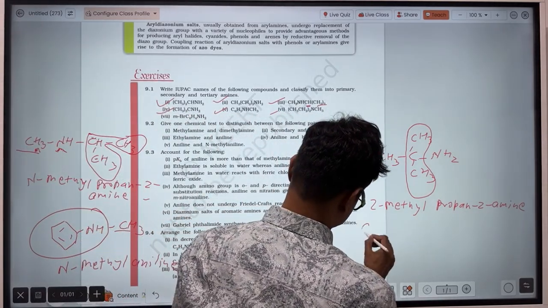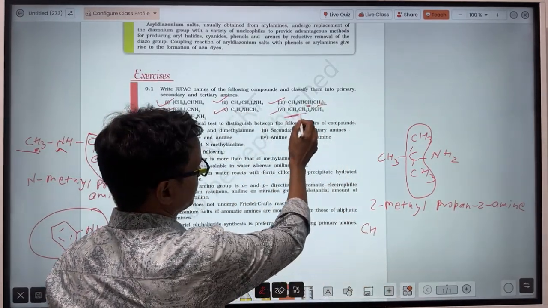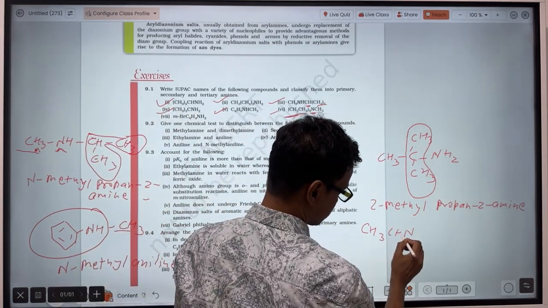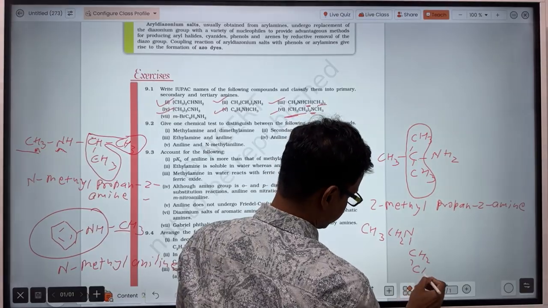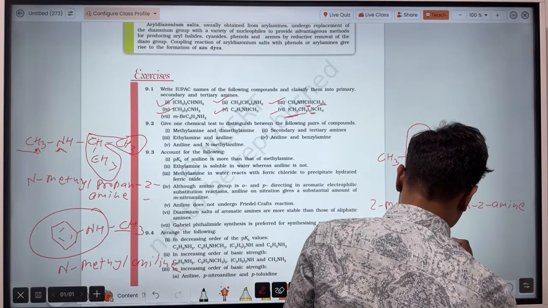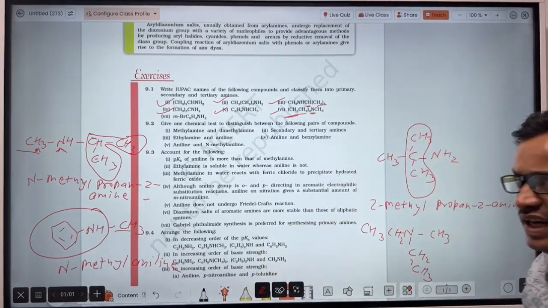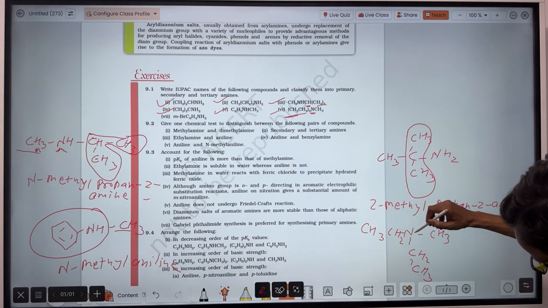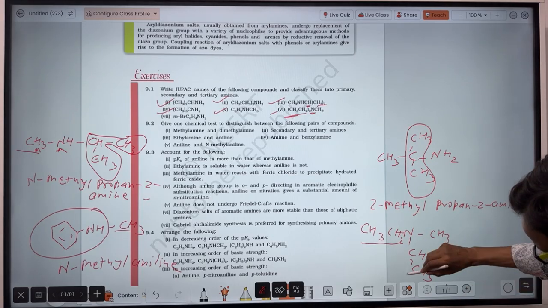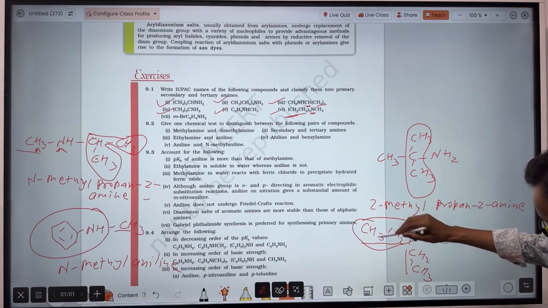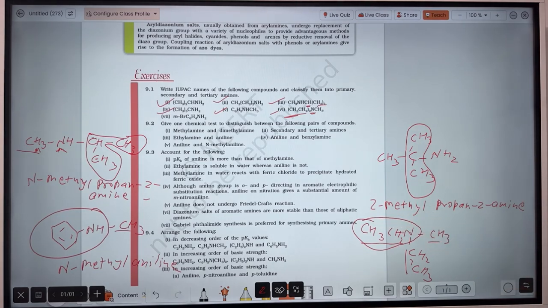Of this compound, the structure here: an ethyl group is bonded to the nitrogen. So here is the nitrogen, and attached is an ethyl group firstly, and this nitrogen is also bonded to a methyl. That means in this compound, one ethyl group is bonded to the nitrogen and one methyl group is bonded to the nitrogen. So what to do? Here the nitrogen is separating this part and this part, so the chain can be any one. The chain will not come across here because between these two the nitrogen comes.